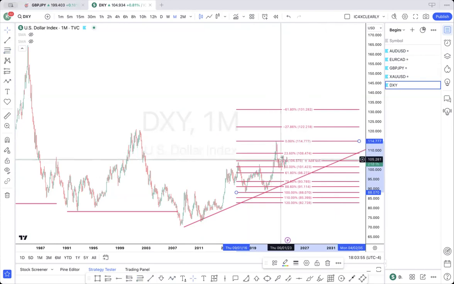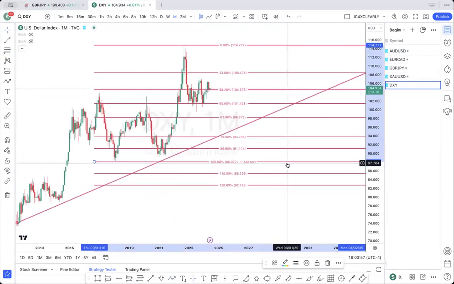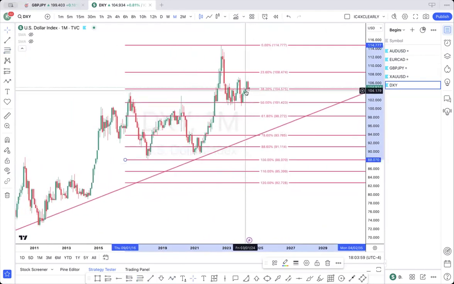Okay, so this could pull back to the 618. It can pull back to the 78. But once it pulls back, it's going to either start respecting this trend line, or start filling in the rest of this imbalance. There's some imbalance here.